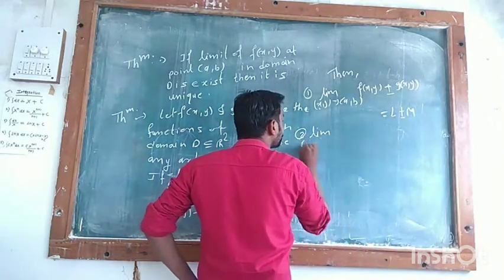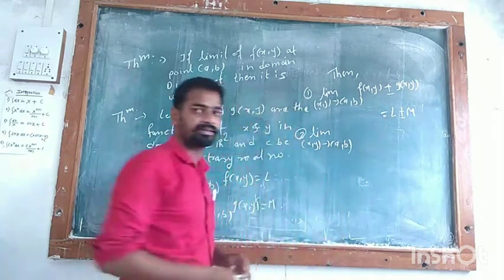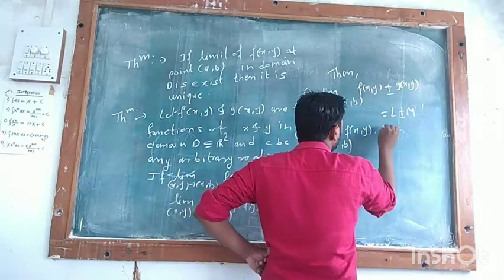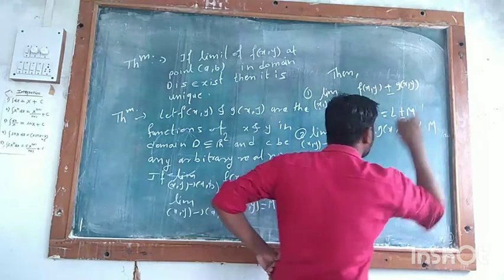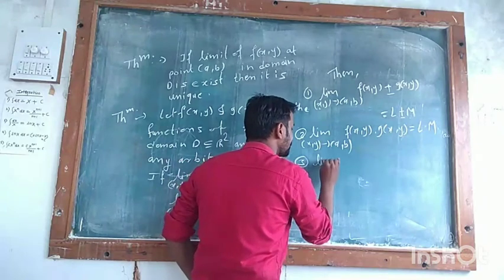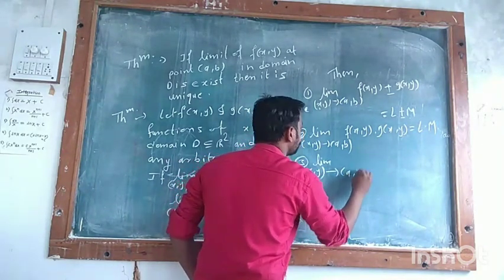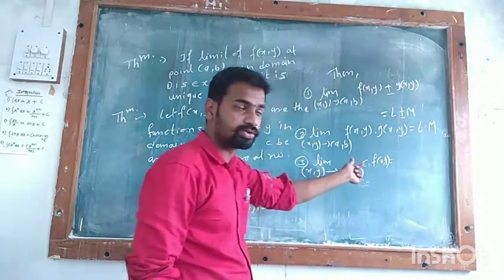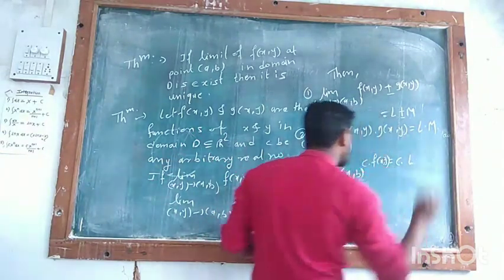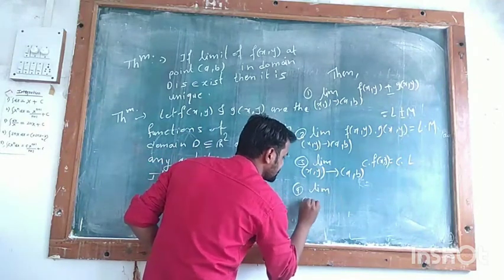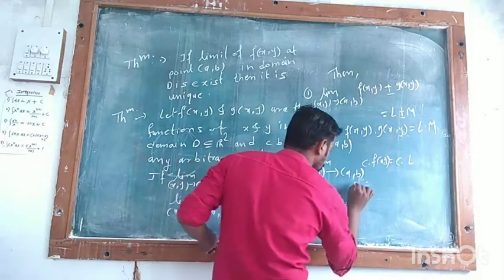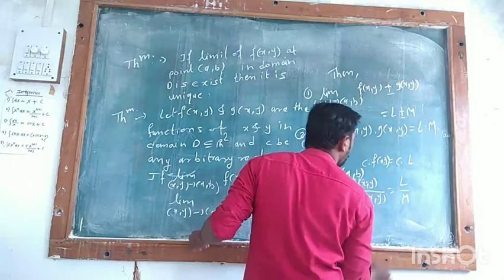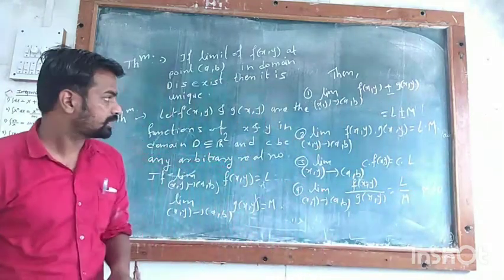Next, the second formula is the limit as xy tends to AB of f of xy into g of xy is equal to L into M. The third formula is the limit as xy tends to AB of C into f of xy, then the constant goes outside of the limit, we take C into L. And the fourth one is the limit as xy tends to AB of f of xy upon g of xy is equal to L upon M, provided the denominator is not equal to 0.